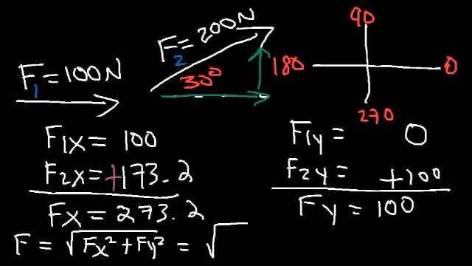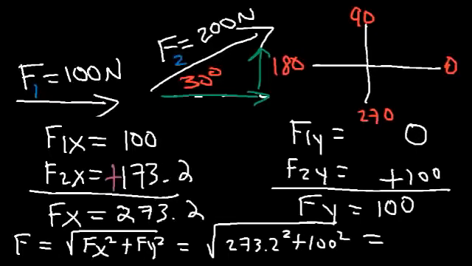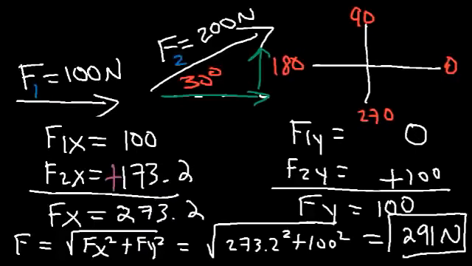So what we have is the square root of 273.2 squared plus 100 squared. And that is going to be about, I'm going to round it to 291 newtons. So that's the magnitude of the net force. Now let's understand why we can use that equation.